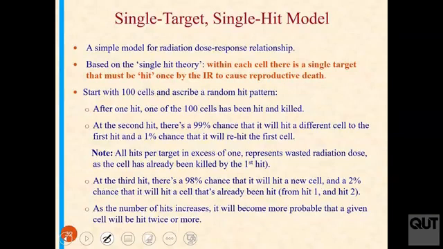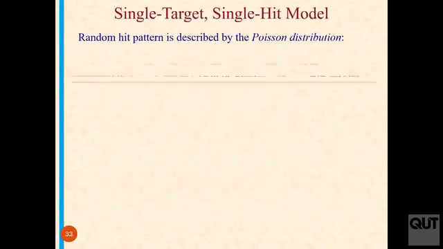As the number of hits increases, it's going to be more probable that a given cell will be hit twice or more, but you only have to hit the cell once to kill it. So as dose increases, there will be a slightly lower probability of a new cell being killed with each additional dose.